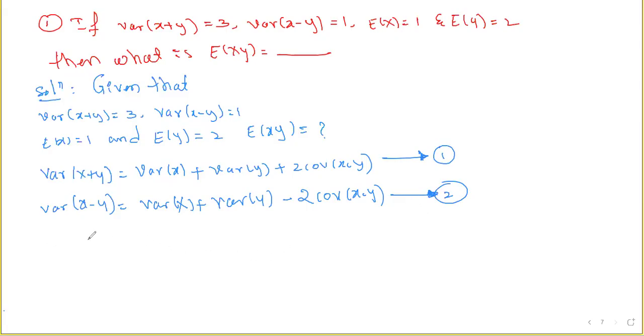Right? So then subtract equation 2 from equation 1. That is, in equation 1, variance of x plus y is variance of x plus variance of y plus 2 times covariance between x comma y. Equation 1 minus equation 2: variance of x plus variance of y, but here the minus is outside, so it is also minus variance of y.